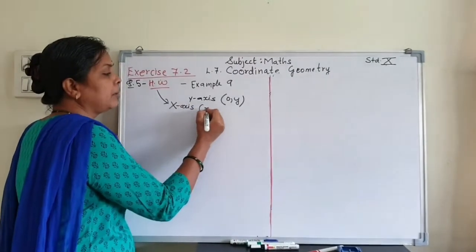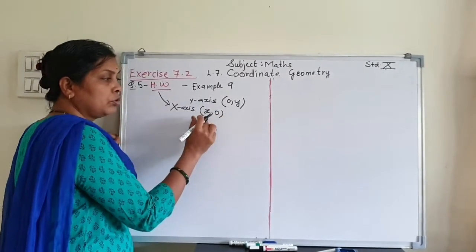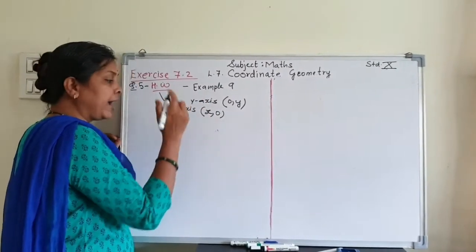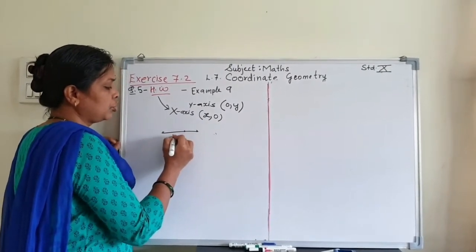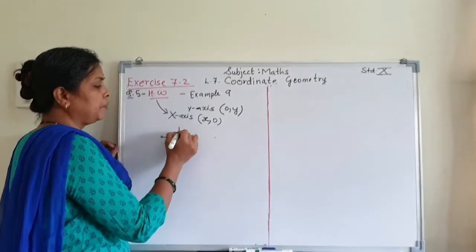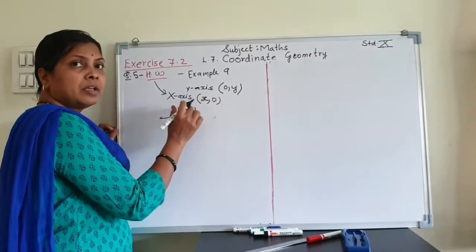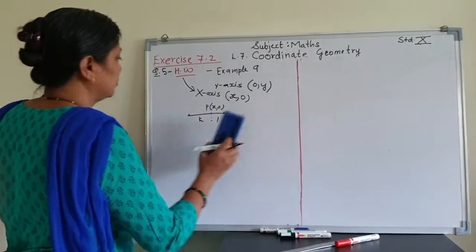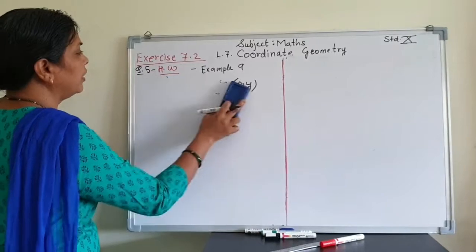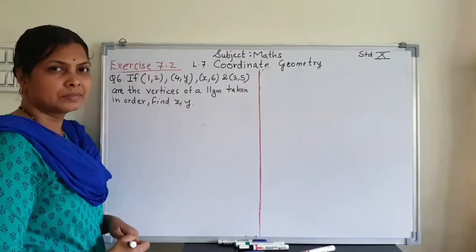So here we will take the point x, comma 0. You have to find x as well as the ratio. So the ratio you take as K is to 1, and you first find x and then find the ratio. So I am giving this as homework. So we will move to the next question, question number 6.